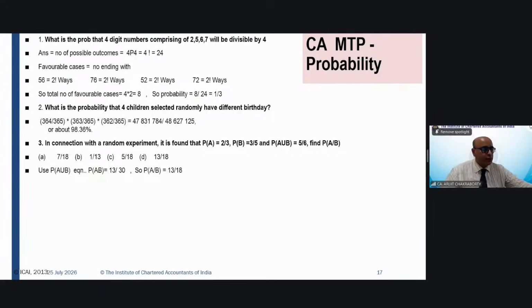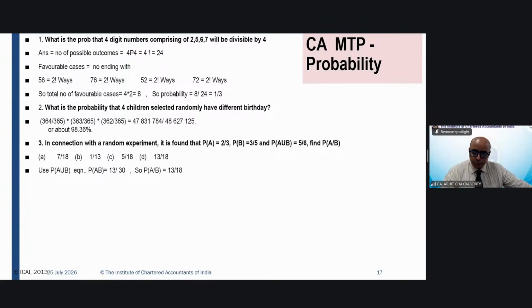So first we find out from the PA union B equation, we need to find PAB. PAB is very simple to find out. You know that PA union B is PA plus PB minus PAB. So you can easily get PAB equal to 13 by 30. And they are asking you P(A/B), that means conditional probability.